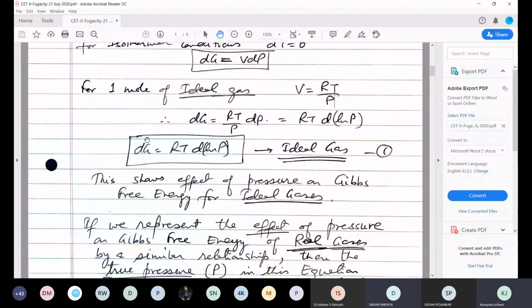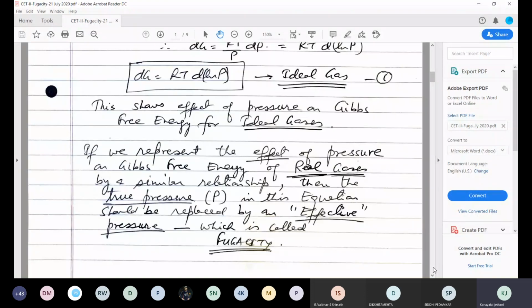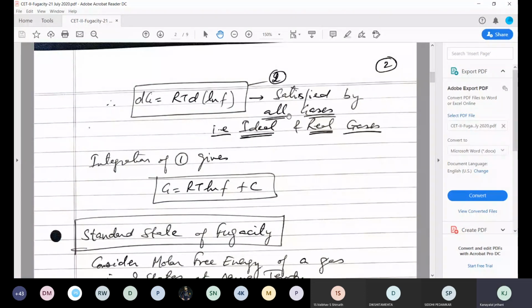I should write here G for ideal gas, dG for ideal gas is equal to RT d ln P, and this is dG for real gas is equal to RT d ln F. It is written here for real gas. Only thing is I did not put the real gas symbol here. This is for real gas. Did you understand?